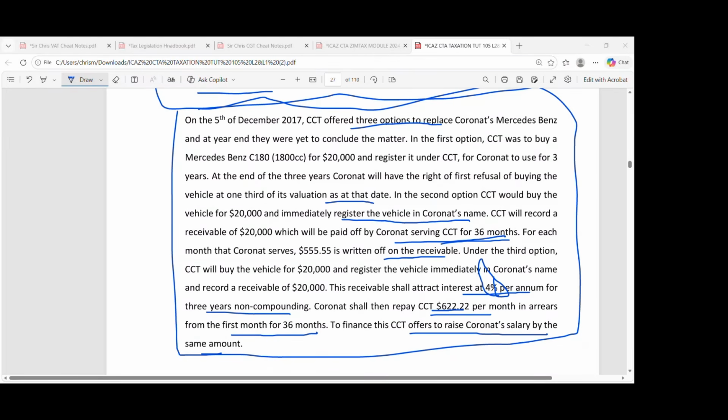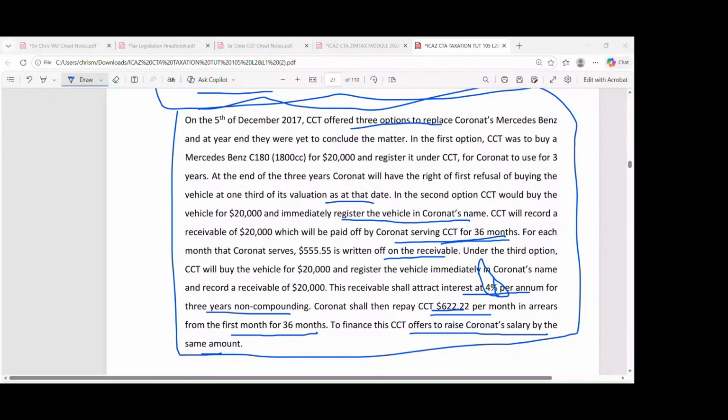Then let's take this same thing from the perspective of CCT. So team, show the calculation of my amounts, where there is the least income and where there is more income, and where there are greater deductions. So in terms of section 15(2)(a), it allows for expenditure incurred for trade purposes, but that is not capital in nature. So in this circumstance, the loan to Colonat is of a capital nature, isn't it?